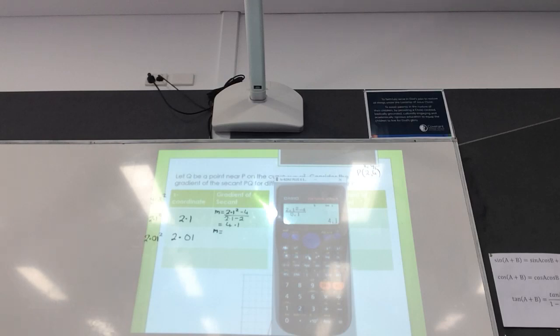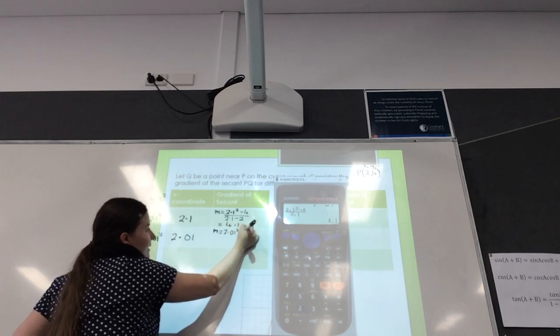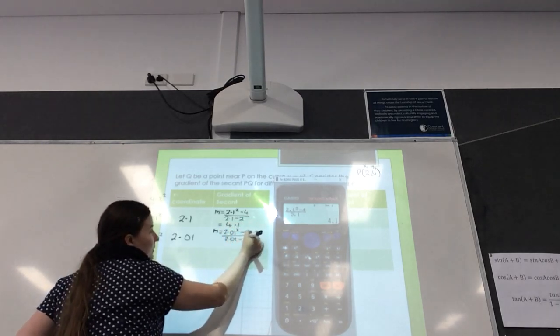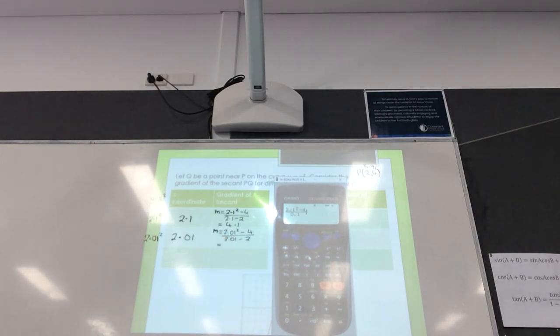And so I'm going to do y2 minus y1 over x2 minus x1, which is going to look very similar. And I could just sneakily put some zeros in here. Interesting.